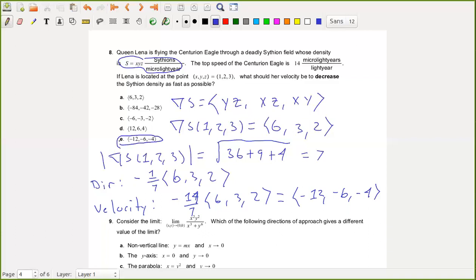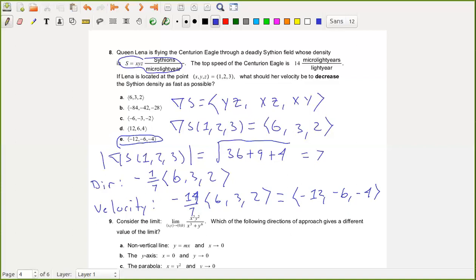The thing to remember in this problem is that when you have a function of 2 or 3 variables, the direction of fastest increase is given by the gradient vector divided by its magnitude. The direction of fastest decrease is given by negative the gradient divided by its magnitude. This whole thing about multiplying by 14, that's how fast she can go.